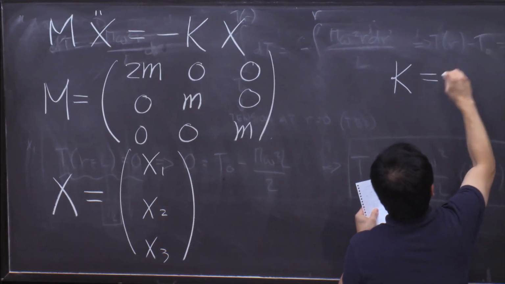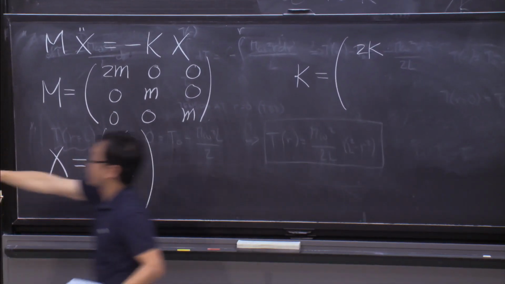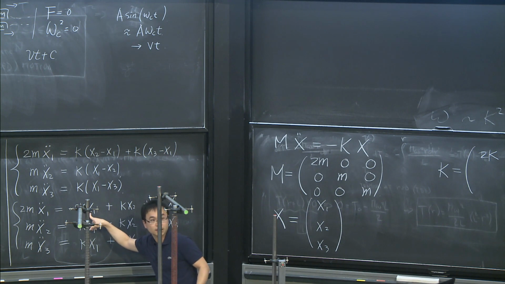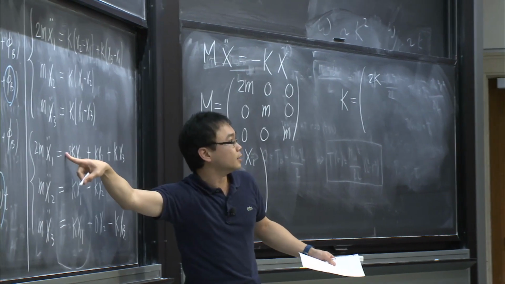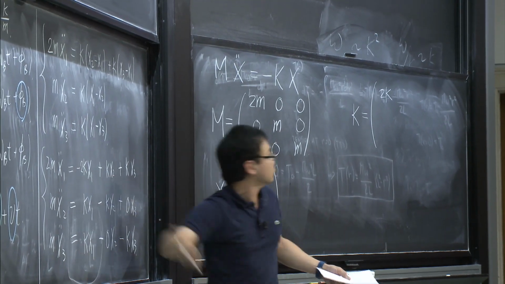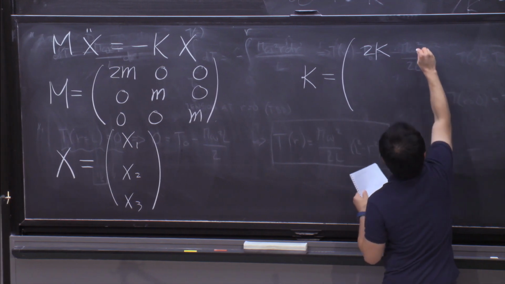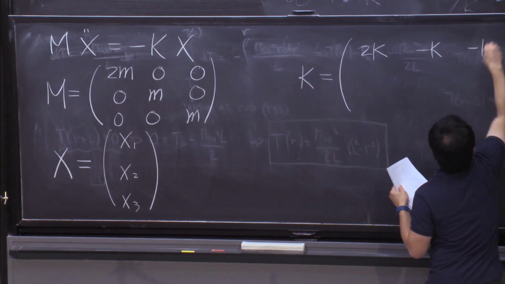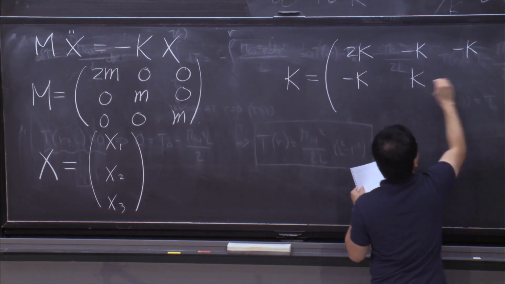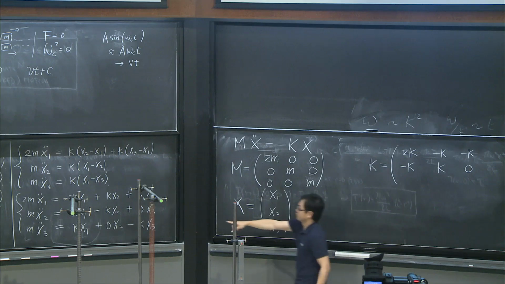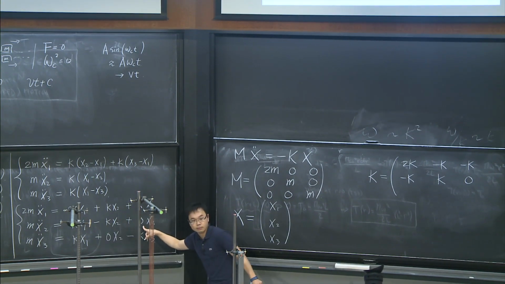So what is actually K? K is actually equal to 2K, right? You have the minus 2K here in front of X1, but because I have a minus sign there, this one is actually taken out, okay? So you have 2K there, okay? Then you have minus K, 0, minus K, plus 2K, minus K, right?